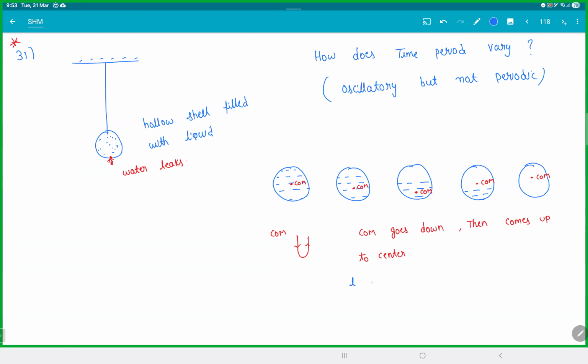So L increases and decreases. Therefore, time period increases and decreases. That is the idea, that it doesn't depend on the mass, but depends on the position of center of mass. Clear with this? Easy one, but a theoretical question. Next one.